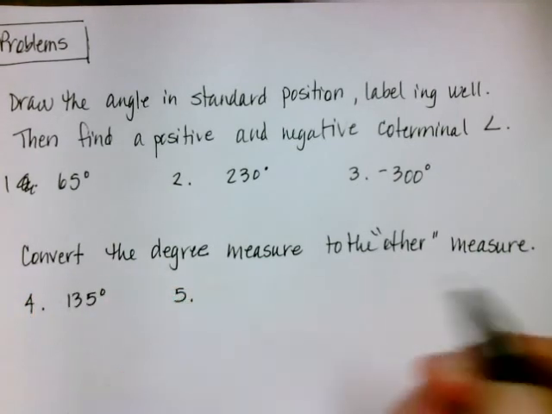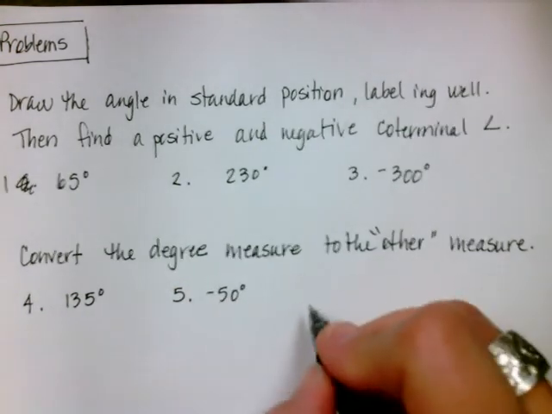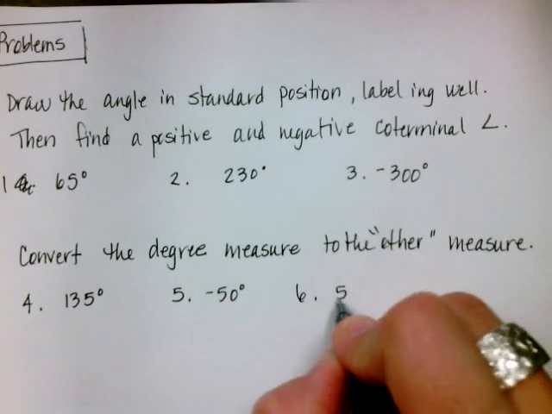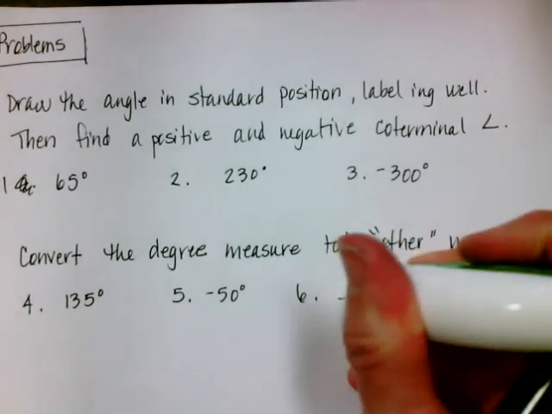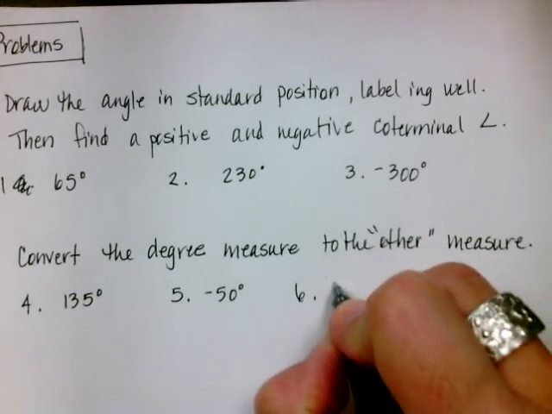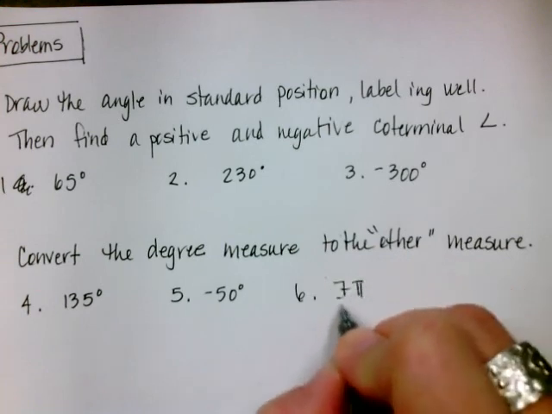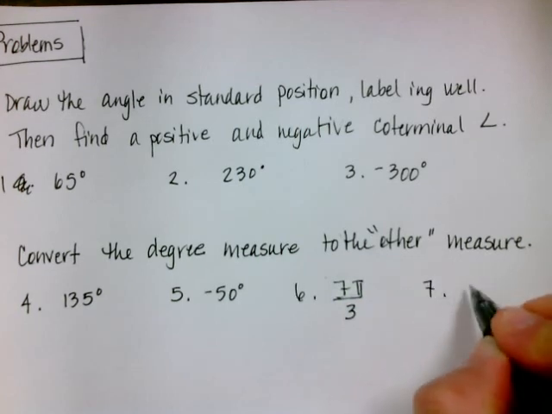You're going to convert that to radians. Number 5, a negative 50 degrees. Number 6, 5, ooh, we already did that one, my bad. Let me erase that. Let's do 7 pi over 3. Almost did your homework for you. 7 pi over 3. And then the last one that I want you to convert is pi over 10.